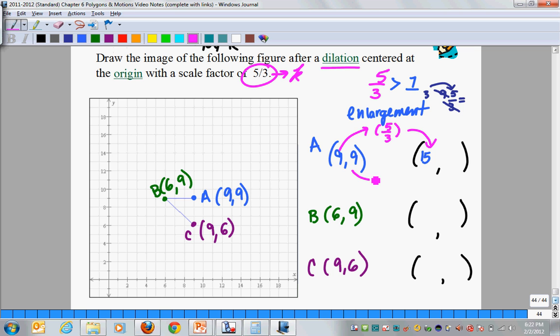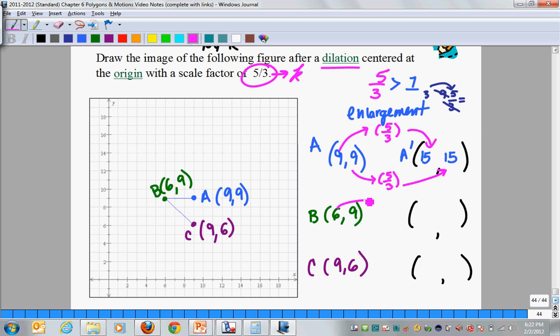Draw another arrow. Times 5/3. 3 goes into 9 3 times. 3 times 5, and again, you get 15. So our new point, our sub A, is going to be 15 and 15. Let's try this one.